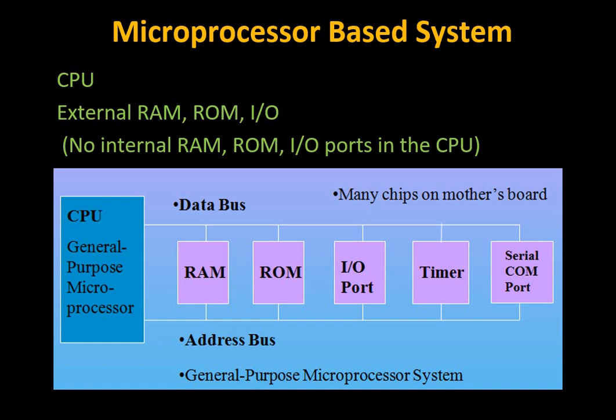Many peripheral devices are connected to the CPU with the help of the data bus and address bus. This is a general purpose microprocessor system which contains separate RAM, separate ROM and other peripheral devices. This is the microprocessor based system.